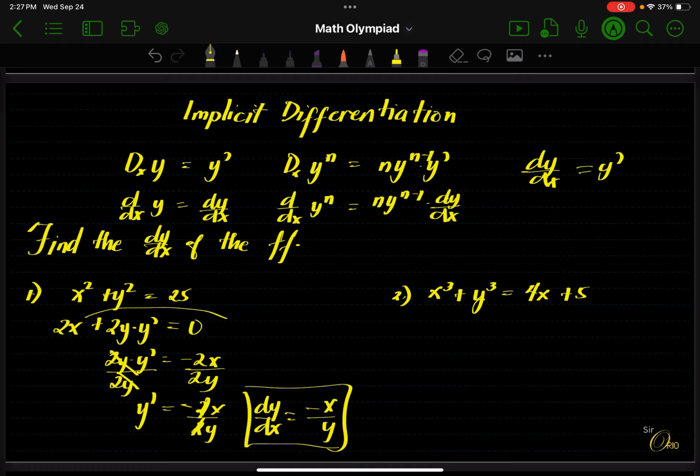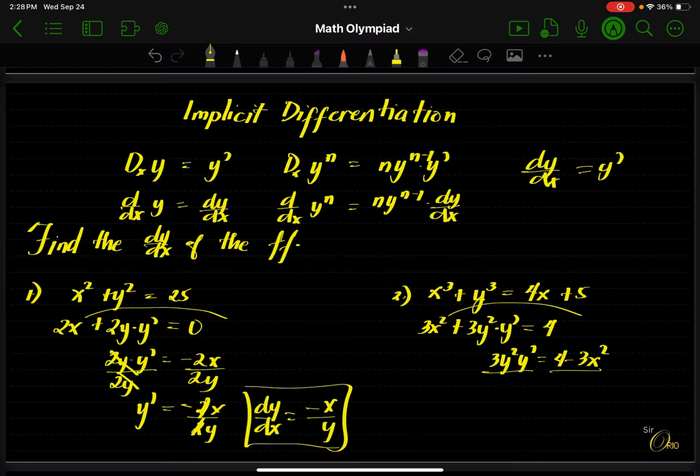Another example, we have x cubed plus y cubed equals 4x plus 5. The derivative of x cubed is 3x squared. The derivative of y cubed is 3y squared times y prime, is equal to the derivative of 4x, which is 4. The derivative of 5 is 0. Solve for y prime. So transpose 3x squared, and that is 3y squared y prime equals 4 minus 3x squared.